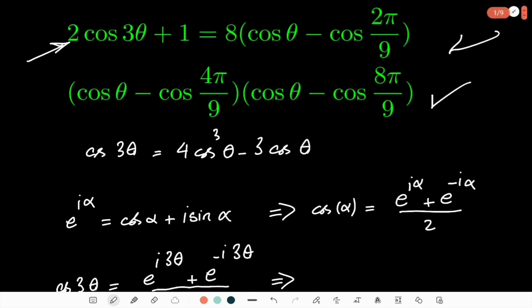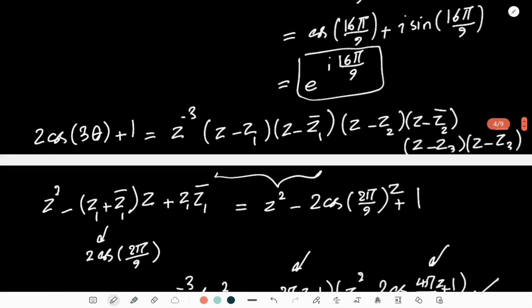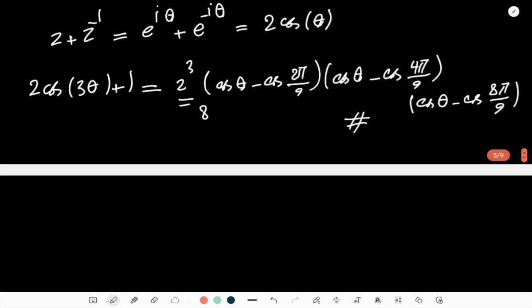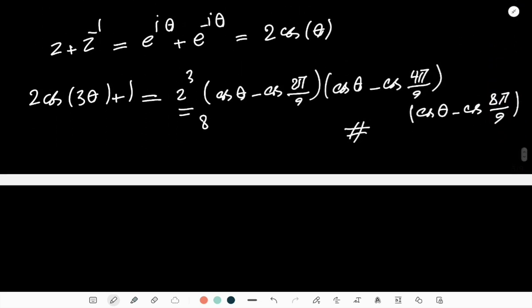But so you learned how to beautifully prove this, but actually you can also draw very interesting conclusions from this, because what happens, by the way, π over 9 is basically 20 degrees, right? So what happens if I put, for example, θ is 90 degrees? So you get on the left side 2 cosine of 270, which is 0.